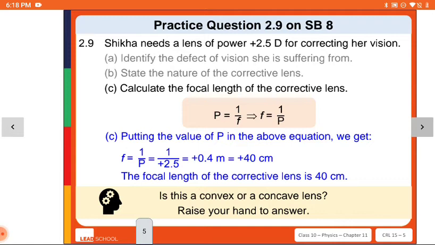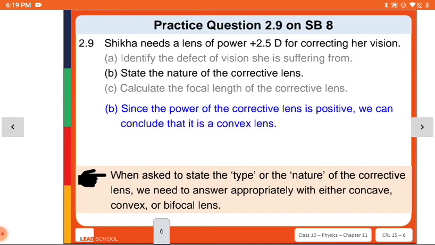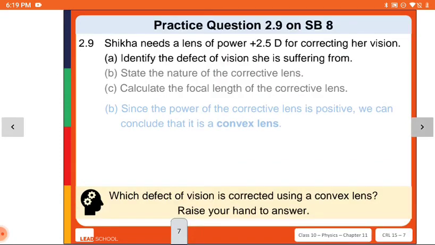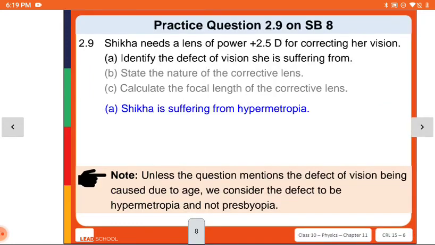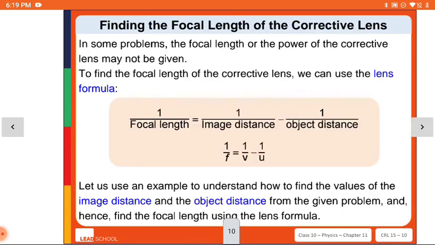Power is equal to 1 upon f. After putting the value, power is 2.5, the focal length is 40 centimeter. So Shikha, the nature of the corrective lens: Shikha is suffering from hypermetropia and the corrective lens is a convex lens and the focal length is 40 centimeter.